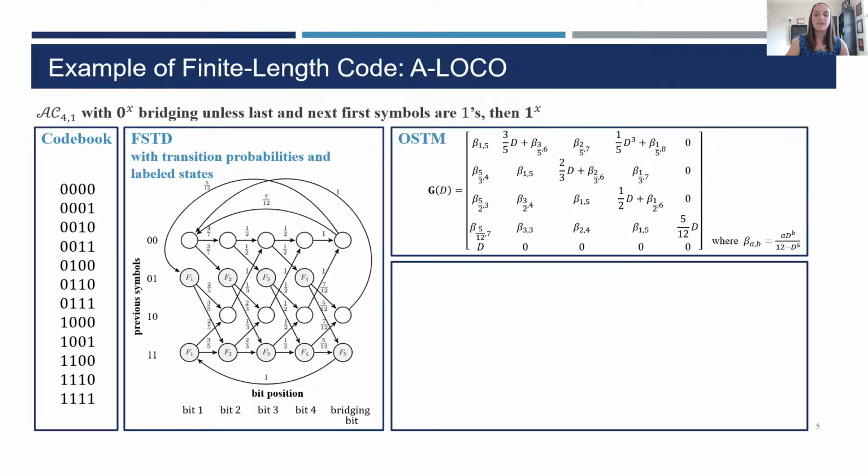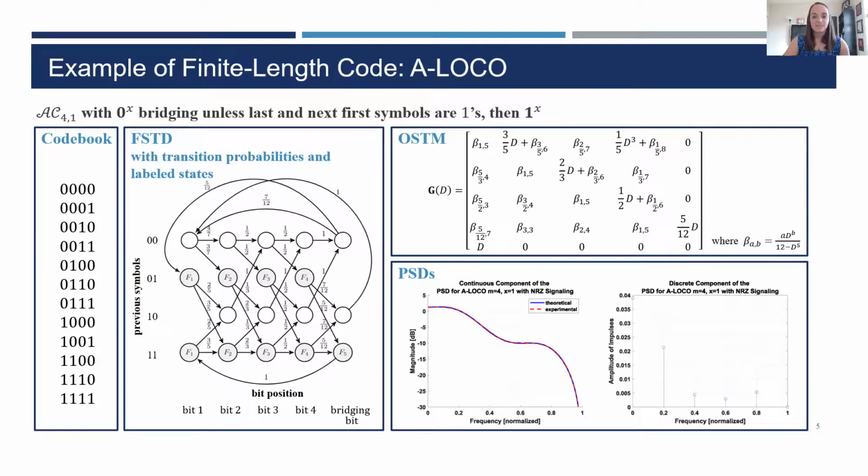Here we have the OSTM that is generated from the FSTD. Notice there are patterns in its entries. Once we noticed that, we found that we were able to generalize the OSTM for any A-LOCO code via its parameters M, X, and the codebook cardinalities, as well as the cardinalities of subgroups of its codebook.